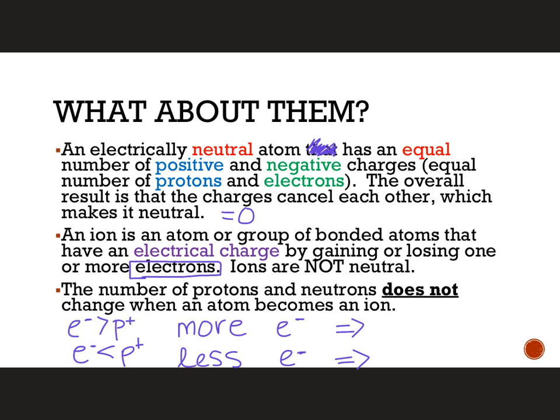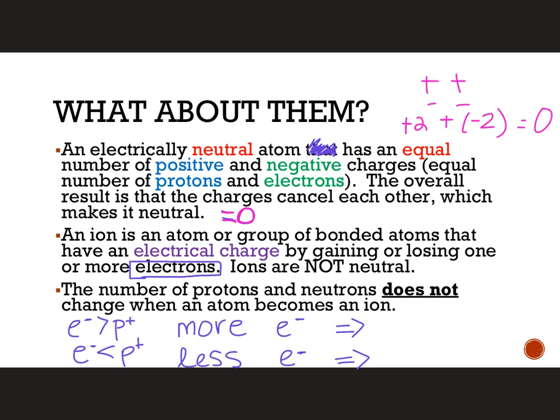For example, if I have 2 positive charges and 2 negative charges, we have positive 2 plus a negative 2. In math class, a positive 2 plus a negative 2 equals 0. That's what we call electrically neutral. When the sum of the charges cancel each other out and equal 0, that's neutral.